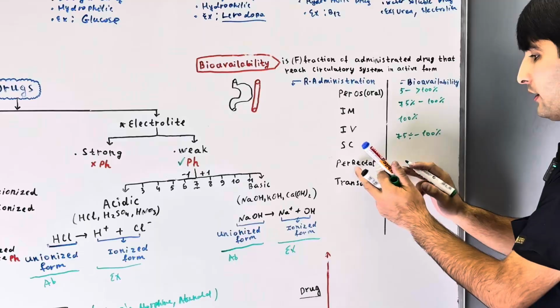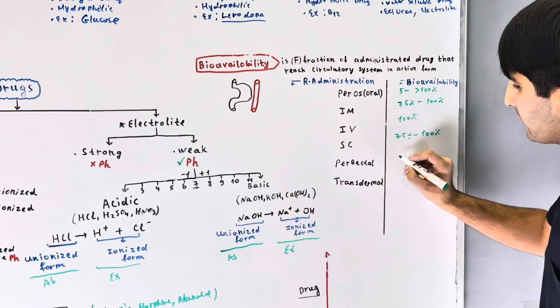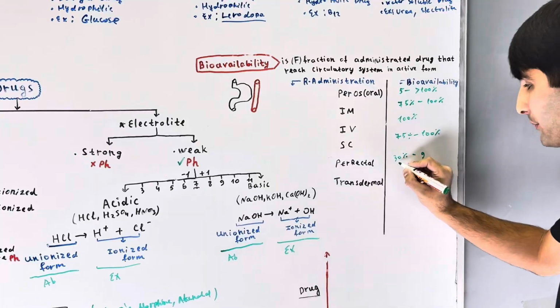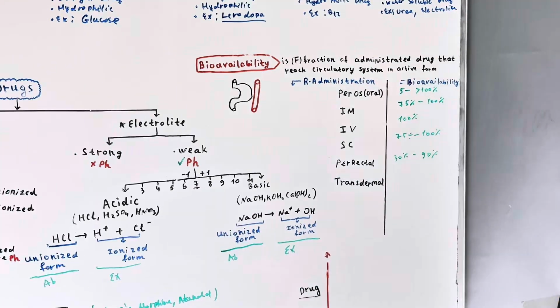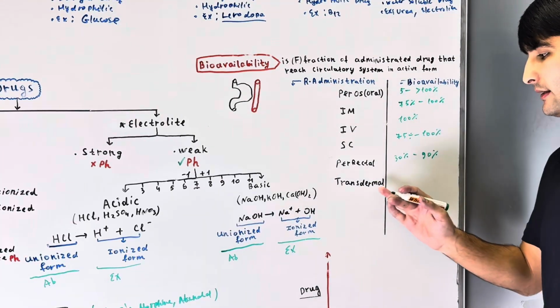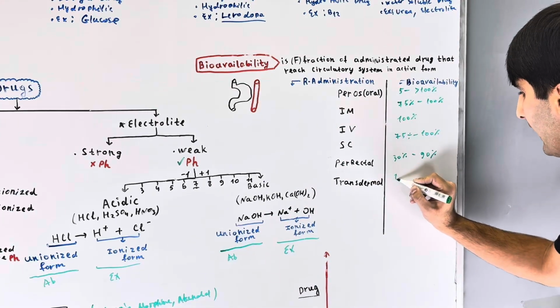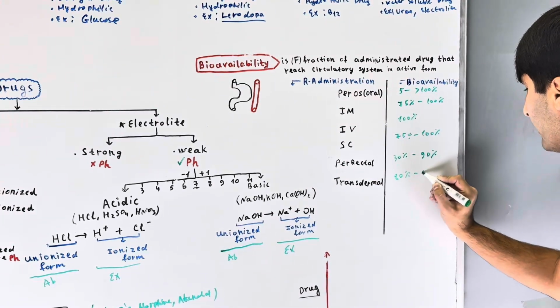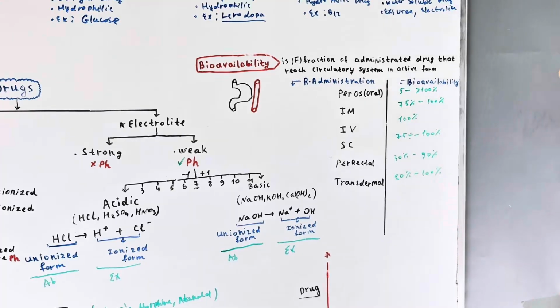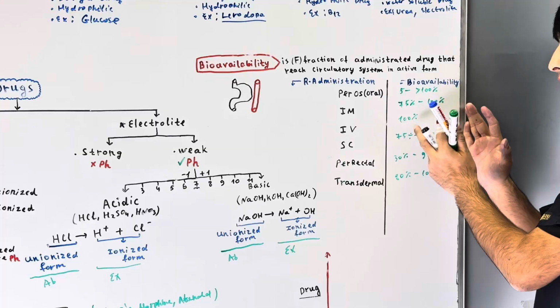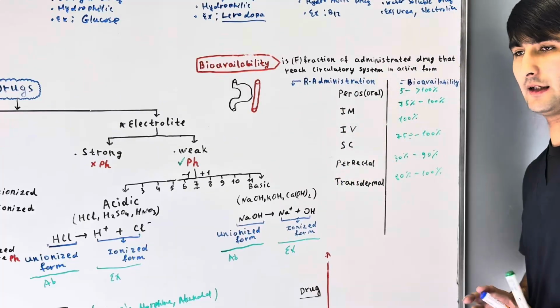For the rectal type of administration, from 30% to 90% is the bioavailability. And the last one is transdermal. The transdermal can be from 80% to 100%. So these were the ratios or percentages of bioavailability of the different types of administration.